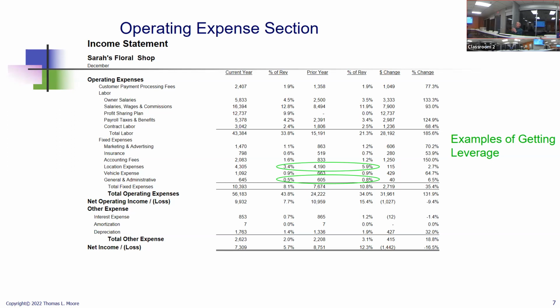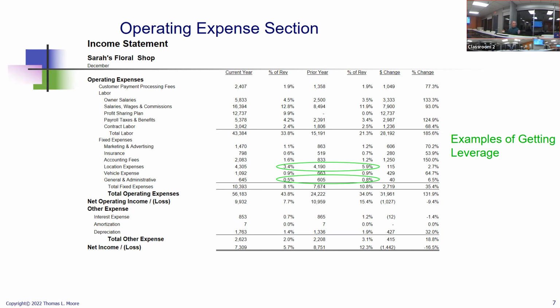Location expenses in the current year, dollars were a little higher, right? 4,305, but as a percent of revenue, they were smaller. Remember, our revenue or our sales went up, so the percent of revenue for this line item has shrunk. And so you're comparing 3.4% versus 5.9%. So that's a good example of where she's leveraging her investment in operating expense.